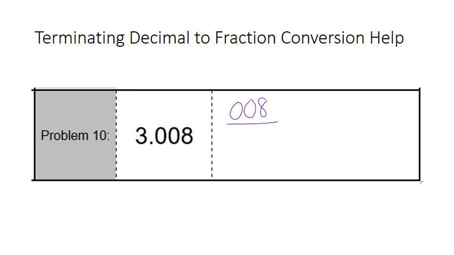Then my denominator is going to be based on the fact that it's a terminating decimal. We're going to use a power of 10. Again, our powers of 10 are ones with zeros on it. So we need to decide how many zeros we want to put on our value in our denominator.